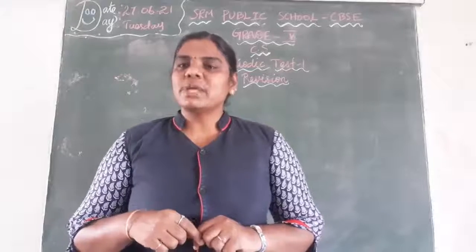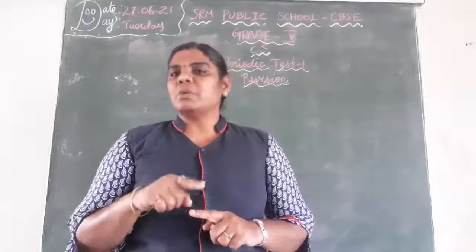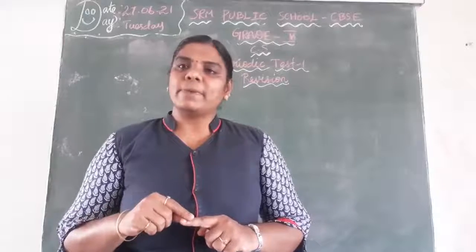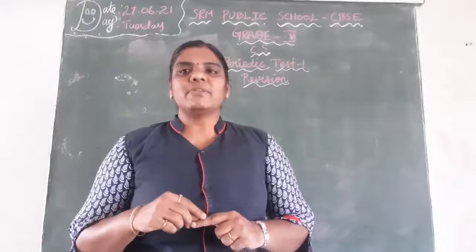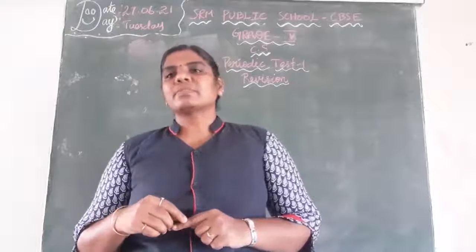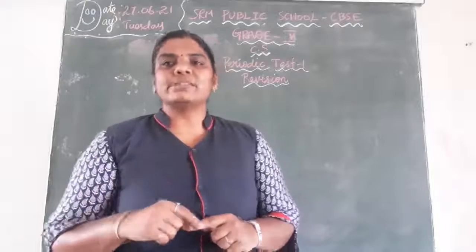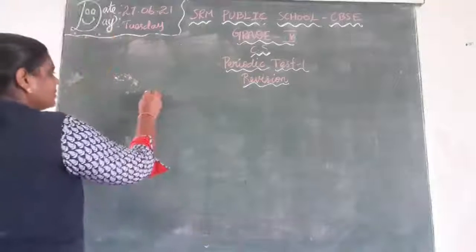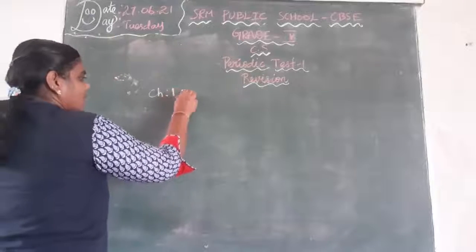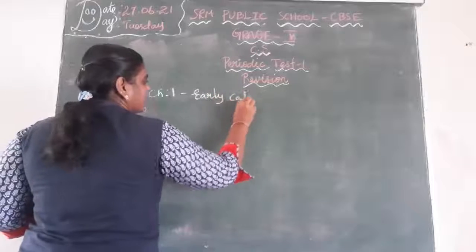Okay dears, today we are going to revise the two chapters, chapter 1 and 2, for your periodic test 1. Already you know very well how many chapters are for our examination. There are two chapters, chapter 1 and 2, right? So what are the chapter names? Chapter 1, Early Calculating Devices.